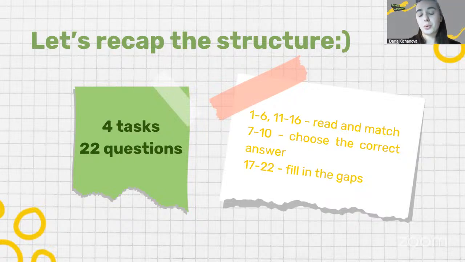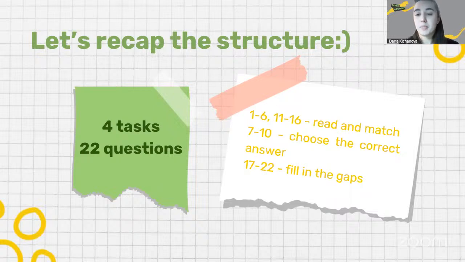So from question 1 to 6 and 11 to 16, we have matching tasks. In the first part, we match with the advertisement. In the second part, we match the text with some article or with some short description of this paragraph.